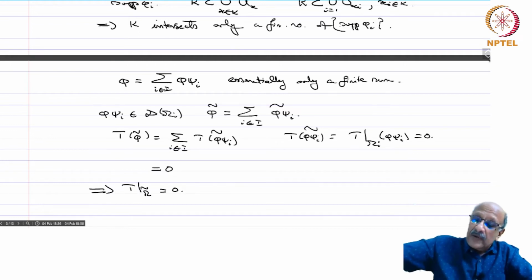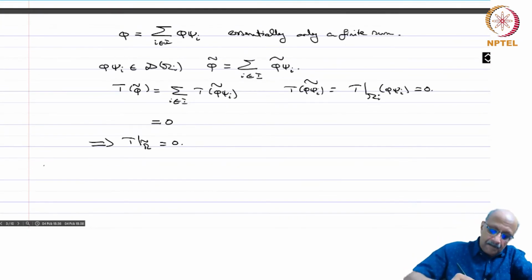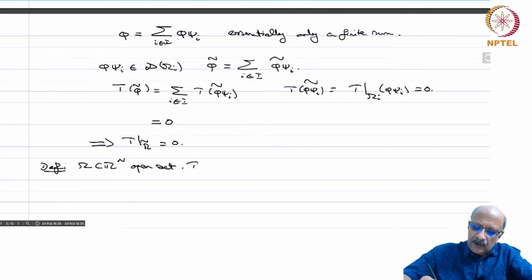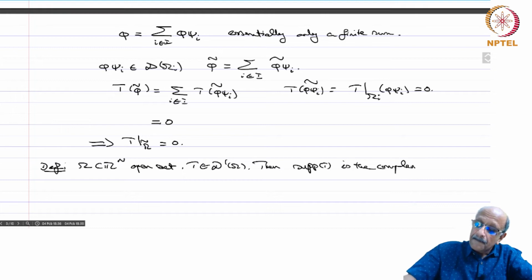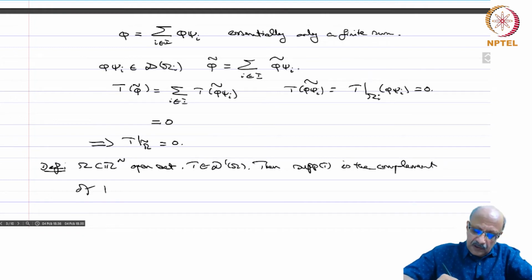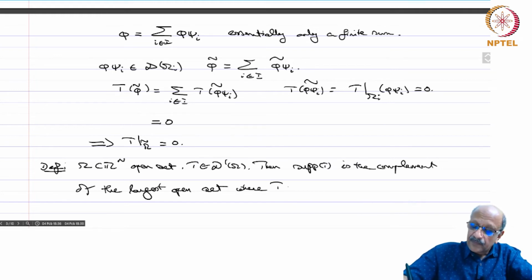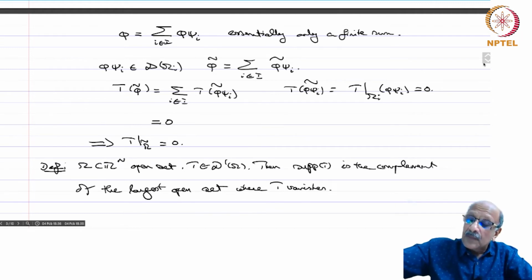Okay, and consequently we can make the definition: ω contained in R^n open set, T belongs to D prime of ω, then the support of T is the complement of the largest open set where T vanishes. So this makes perfect sense now, and therefore the support is again a closed set.